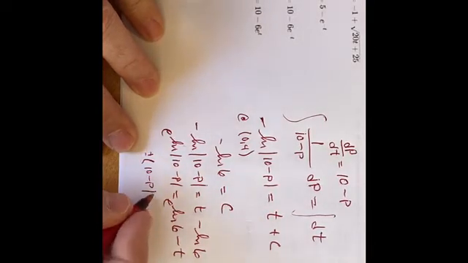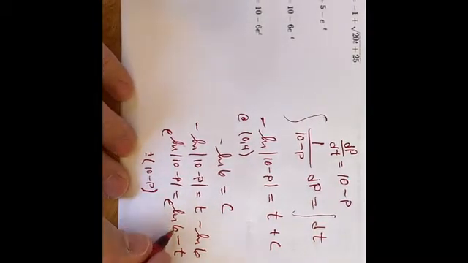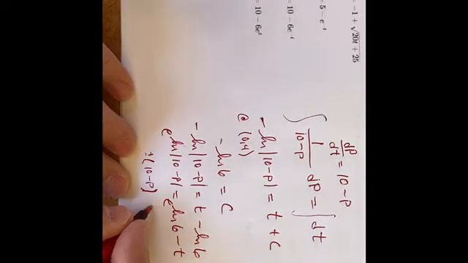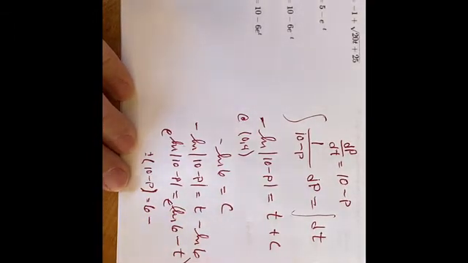And I say that just because of the absolute values, it could be positive or negative. This is 6, it's the number 6. And this is negative, oh, wait. It's not negative, it's divided by e to the t.